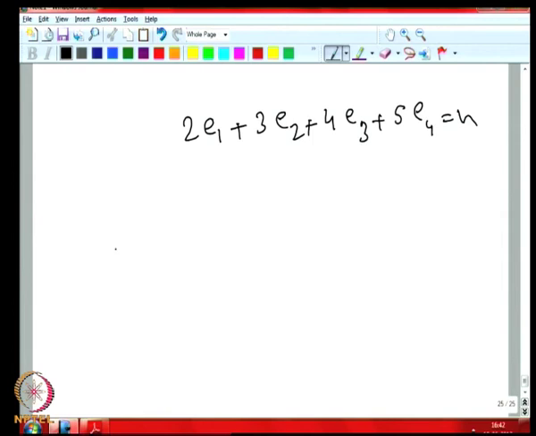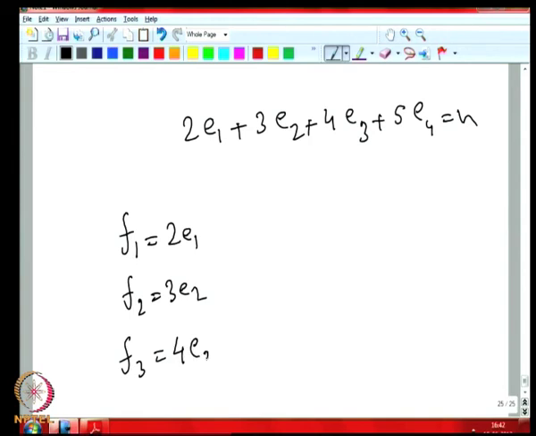Let us say F1 is equal to 2 E1, F2 is equal to 3 E2, F3 is equal to 4 E3 and F4 is equal to 5 E4.